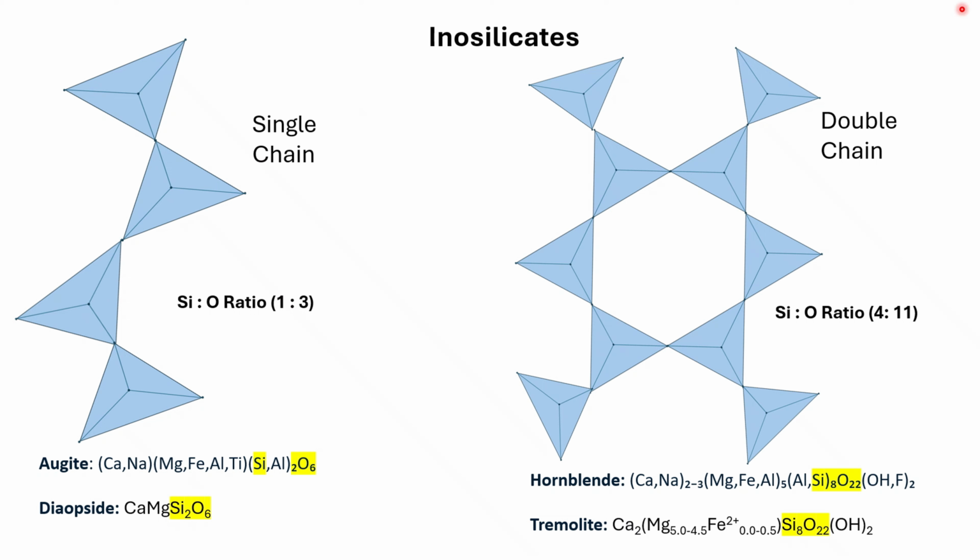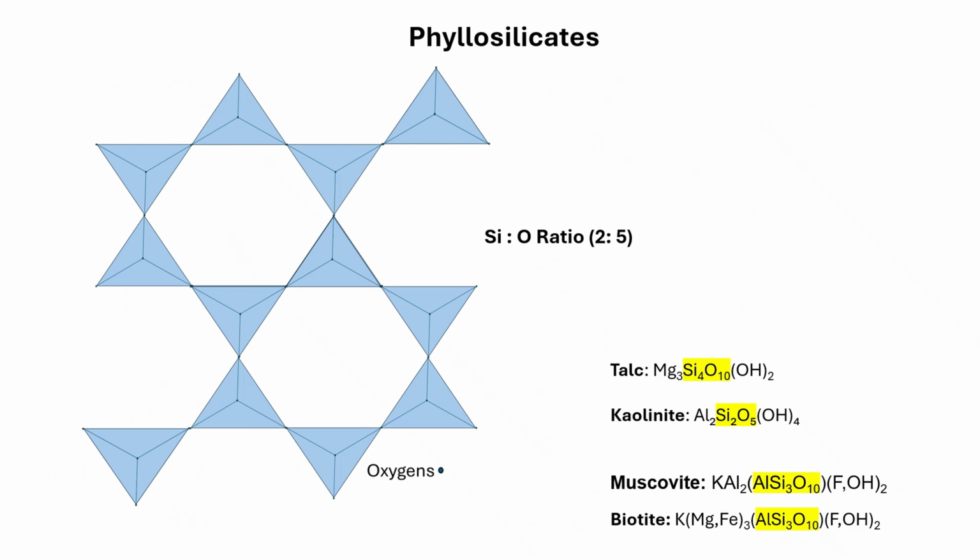And then there are the double chains, which have 2 chains of tetrahedra linked together side by side. And you can see within the chemistry, if you really break these down, you get 4 to 11. This is pretty straightforward: 2 to 6 is 1 to 3, and 2 to 6 is 1 to 3. So it's pretty straightforward.